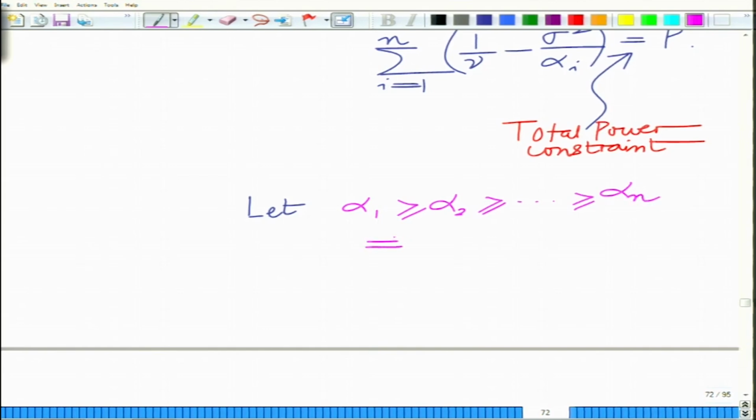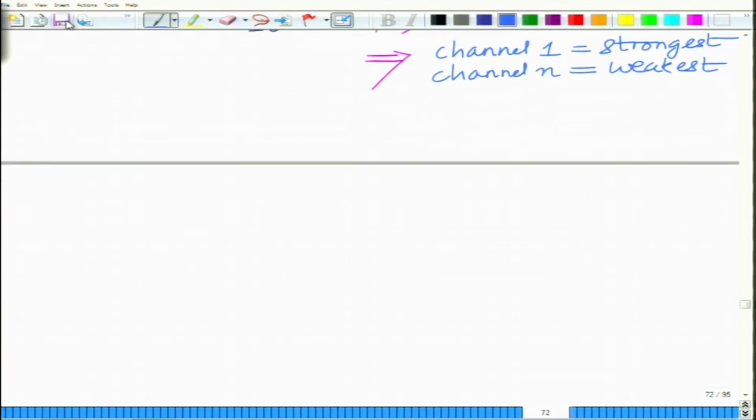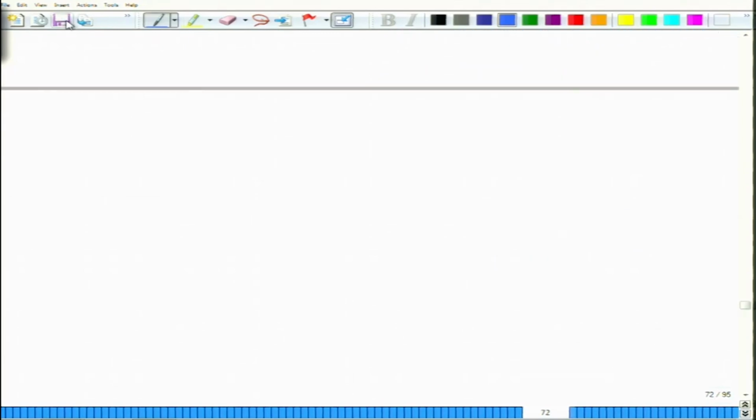This implies that channel 1 has the strongest gain, the highest gain, which implies channel 1 equals strongest, and communication channel n equals the weakest.